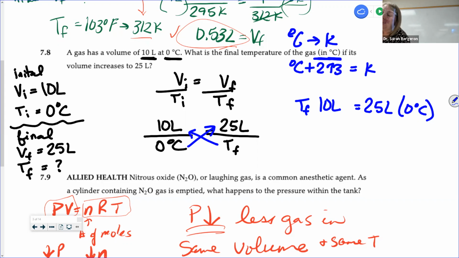So this is no longer going to be 0 degrees Celsius. It's going to be 273 Kelvin. Now I'm going to divide by 10 liters. What do you get for a temperature final?